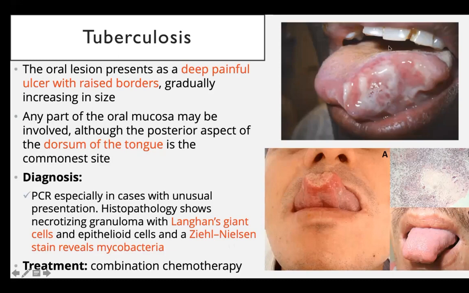We have odd-looking, suspicious lesions, which can cause a deep, painful ulcer with a raised border. This is the only thing we have studied with a raised border. Otherwise, they were superficial ulcers. Treatment: combination chemotherapy. Why?